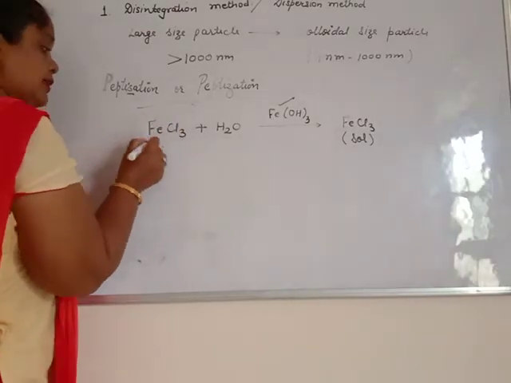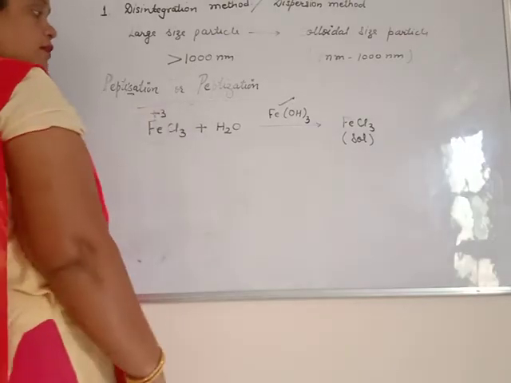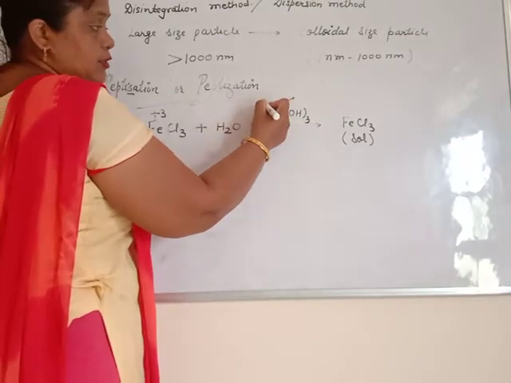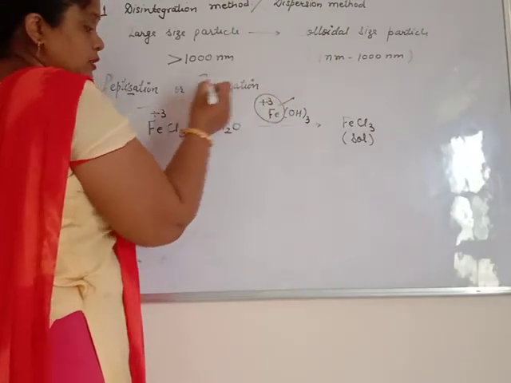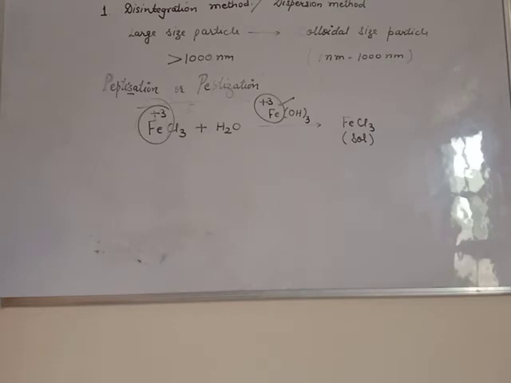The oxidation state of iron in ferric chloride is +3. The oxidation state of iron in ferric hydroxide is also +3, due to this common ion. Due to the common ion, the precipitates absorb one type of ion from the electrolyte and get dispersed.